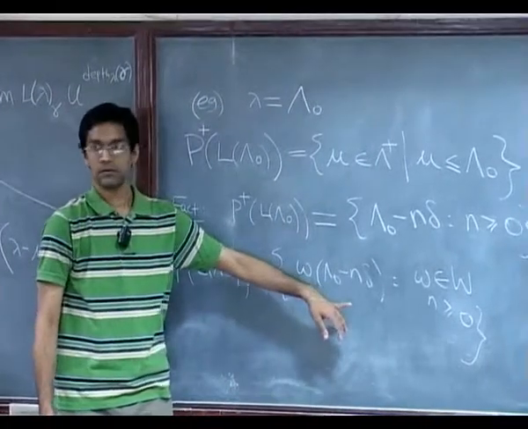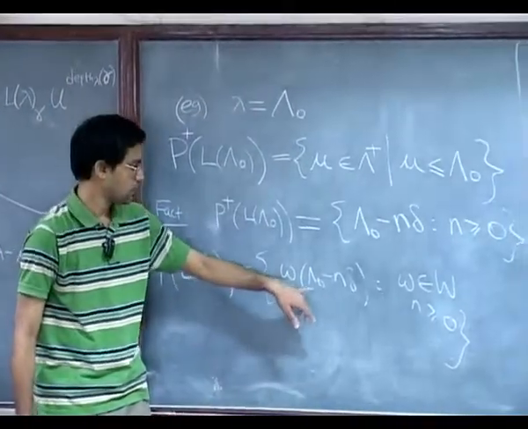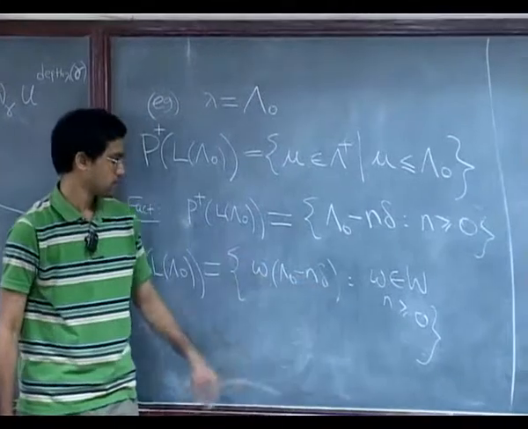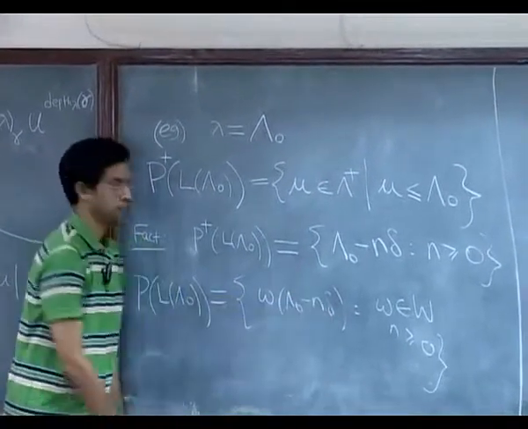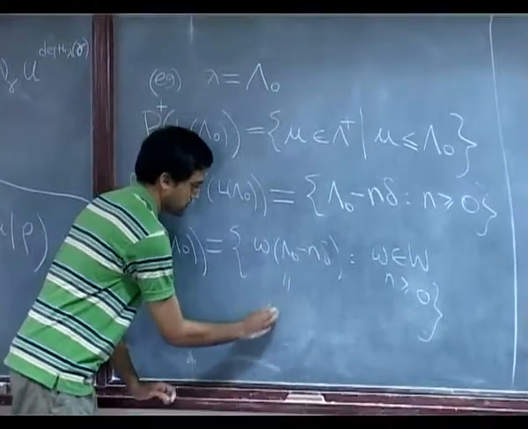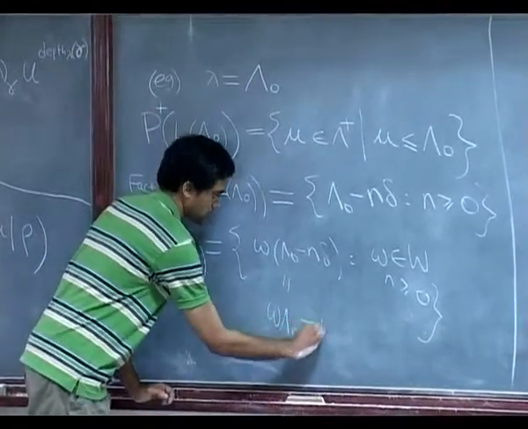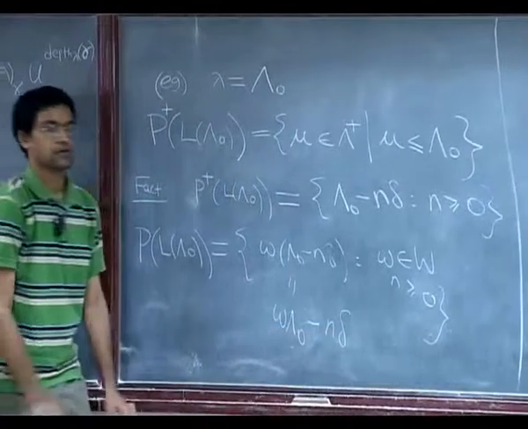So this is W acting on lambda naught minus n delta, but observe W delta is delta. Delta is again preserved, it's a special element. So in fact, this is nothing but W lambda naught minus n delta itself.